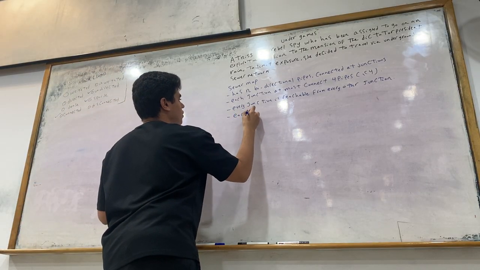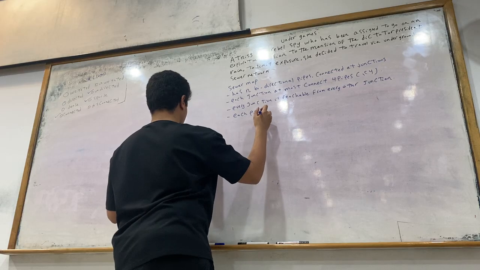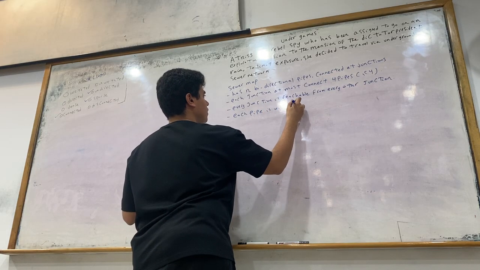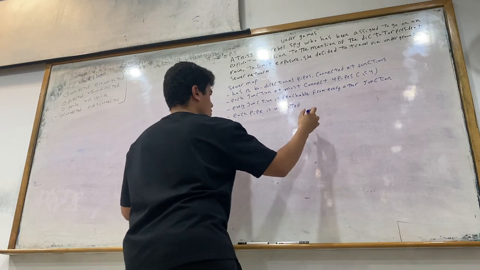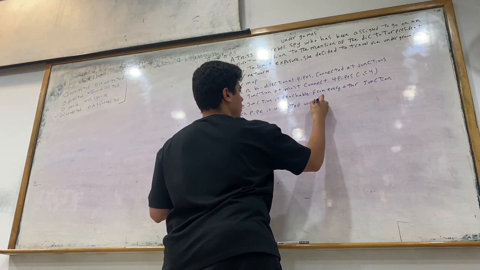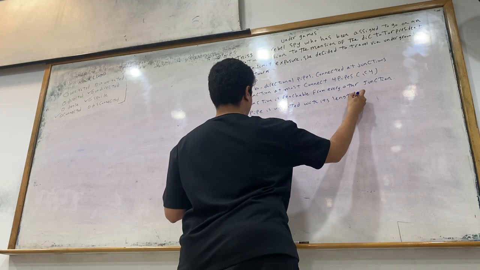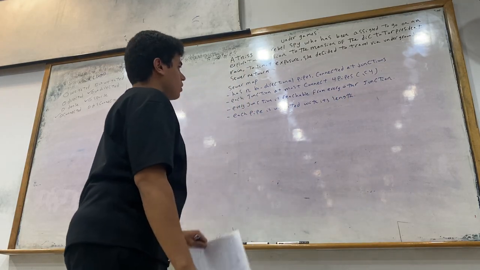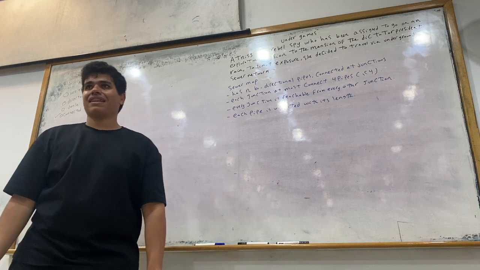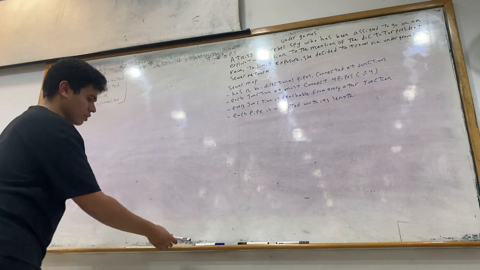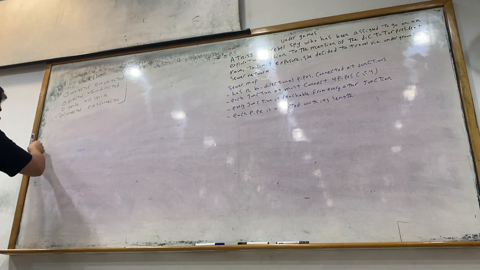Each pipe is weighted with its length. So if this, which pipe is larger, this pipe or this pipe?